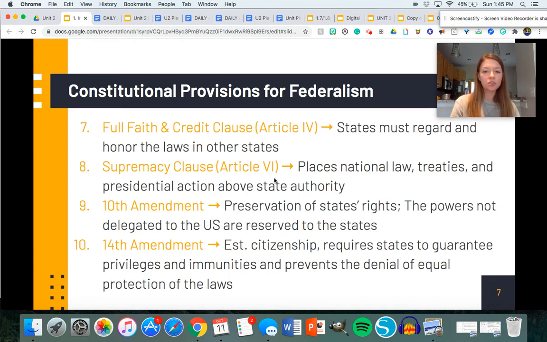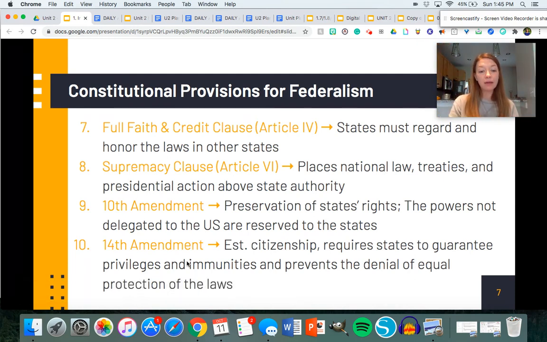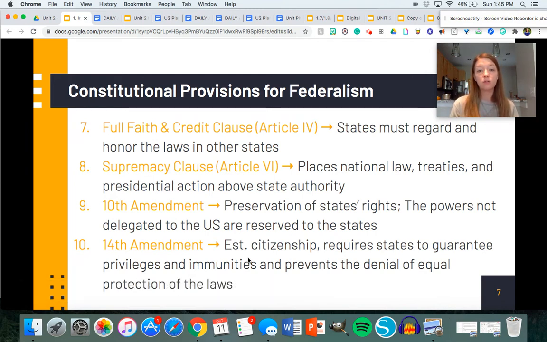So, we just talked about with the Supremacy Clause how national law is above states, right? Now with the 14th Amendment, which is a federal amendment, states can no longer violate the privileges and immunities of people of color, for instance, or minorities, and they cannot deny them equal protection of the laws. So that is going to shift a little bit of power back to that federal government.